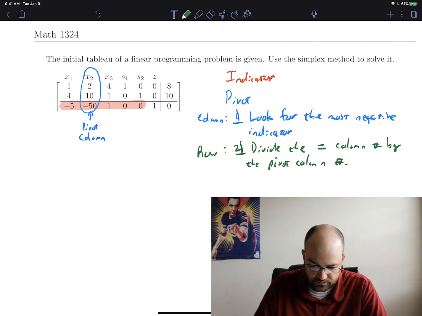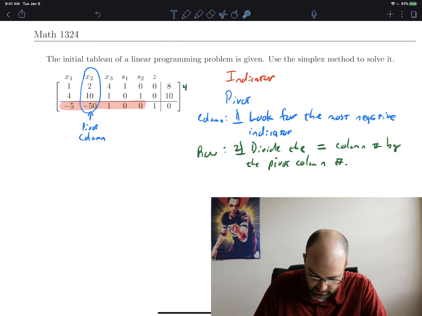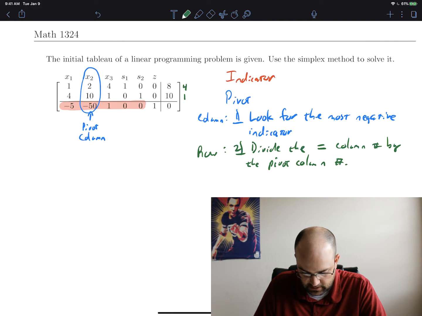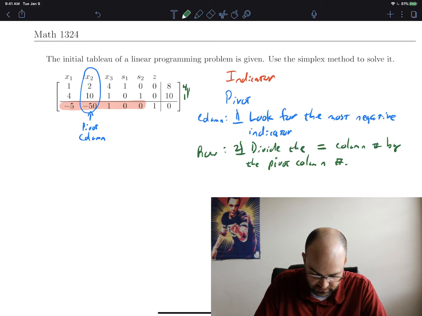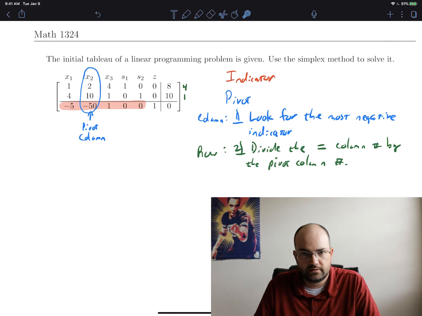Okay, so to do that, 8 divided by 2 is going to give me a 4, and then 10 divided by 10 is going to give me a 1. And it's at this point we need to decide between those two. Between those two, I want the smallest number, I believe. Smallest? Yes.